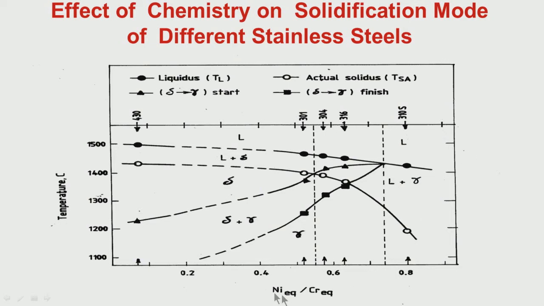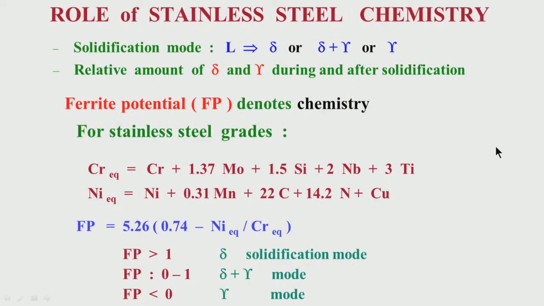How? By calculating the nickel equivalent by chromium equivalent. I will show in this figure how nickel equivalent and chromium equivalent are found. Chromium is basically a ferrite stabilizer. So, whatever alloying elements stabilize ferrite go into the chromium equivalent.